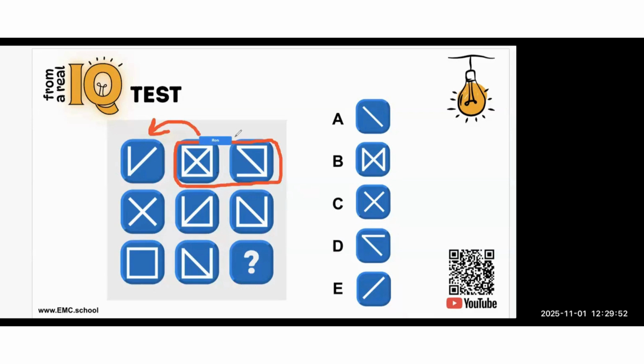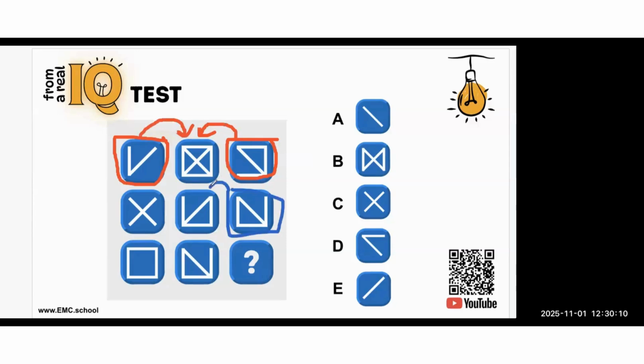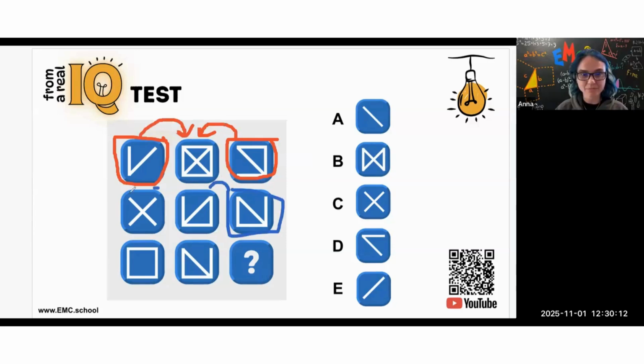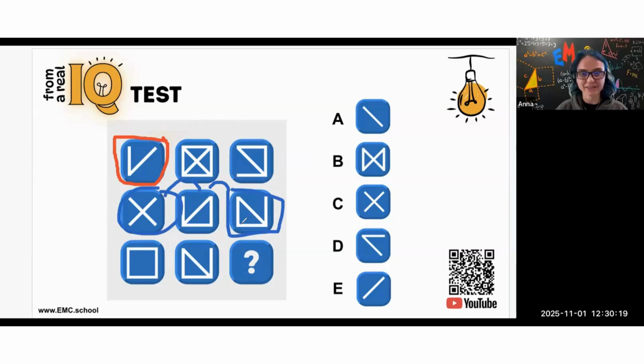And if you overlap these two, you get this shape. It doesn't work here on the bottom one. Why not? You overlap these two, the blue ones, and you don't get the middle shape, right?